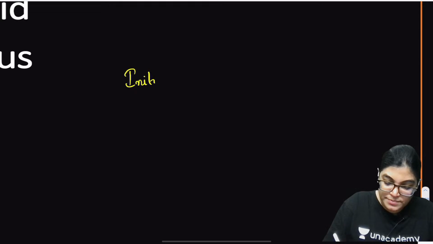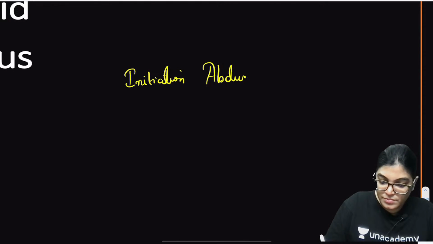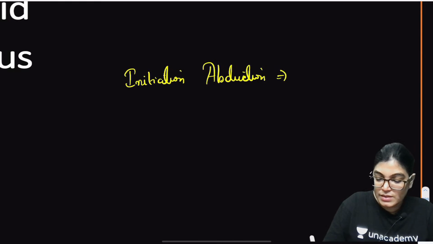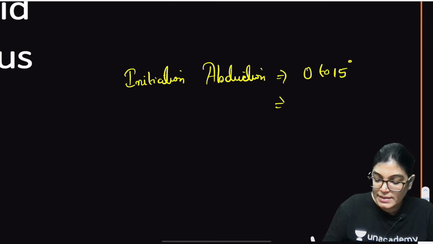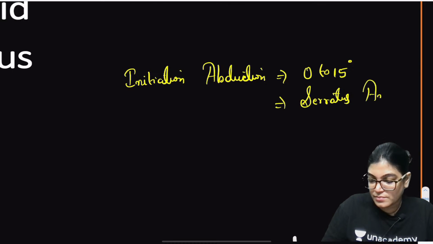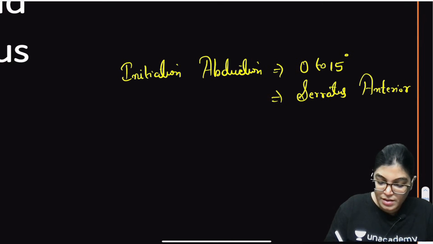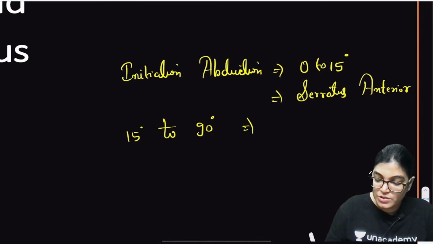Initiation of abduction, that is 0 to 15 degree, is done by supraspinatus muscle. 15 degree to 90 degree is basically done by deltoid muscle.